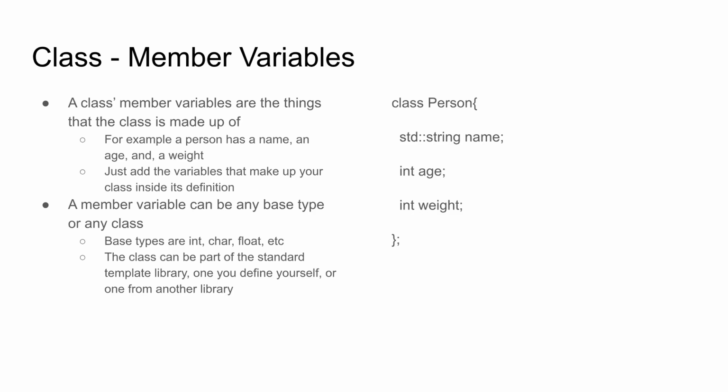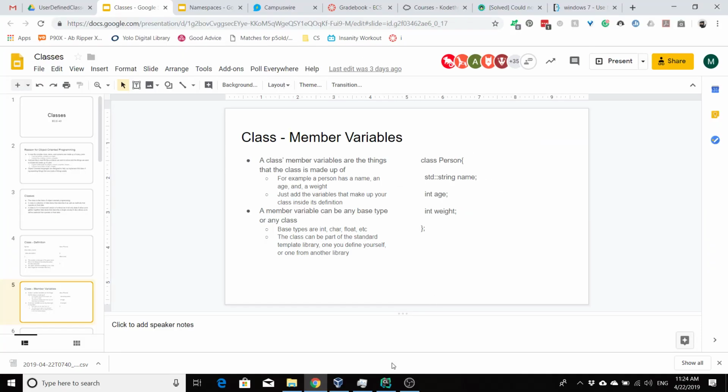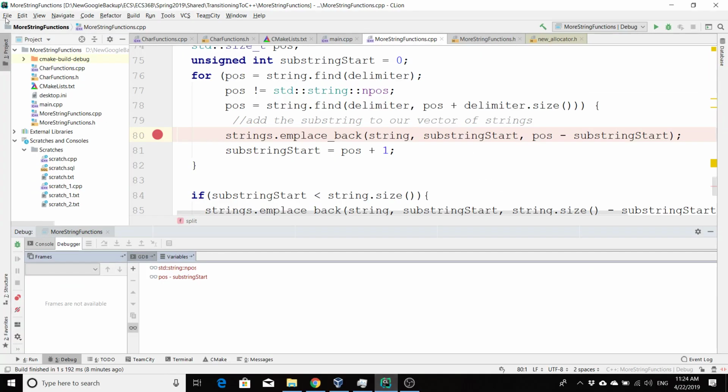They can be any of the standard library types as well. So there's no restrictions on the types that you can contain inside yourself. Any questions here? Okay, then we will jump straight into an example.